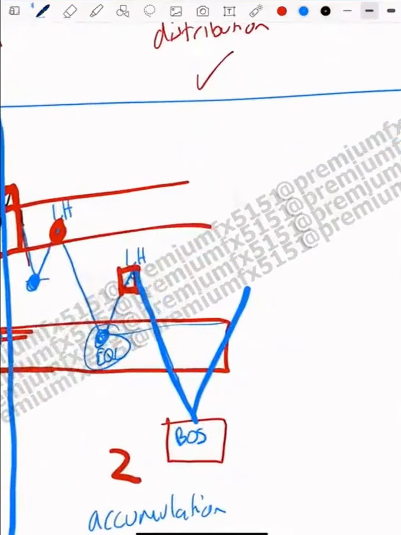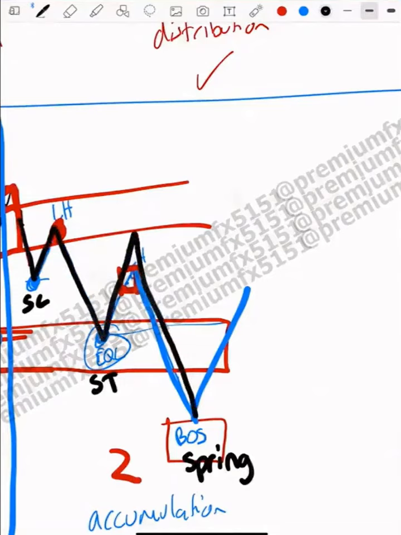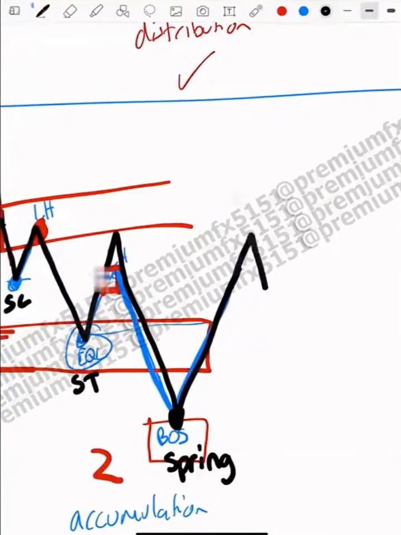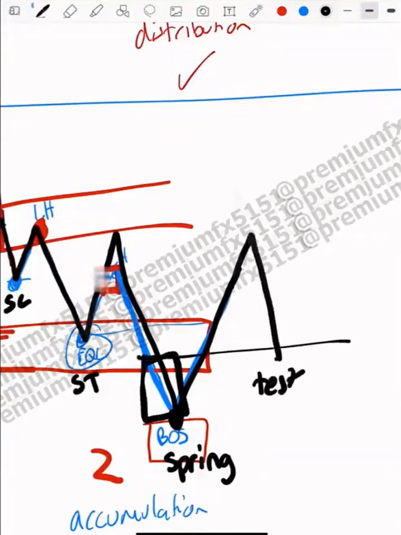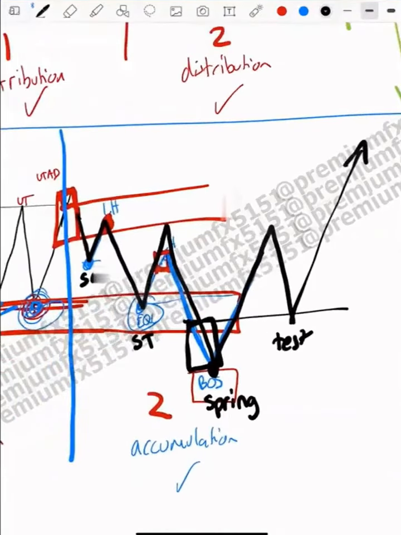If we read it from an accumulation perspective, we have selling climax, selling test, spring. And if we were following this from an accumulation perspective, selling climax, selling test, spring, what have we learned from that or seen many times? After your spring, you have IFC formed, test, bullish. That is what a reaccumulation is going to look like.